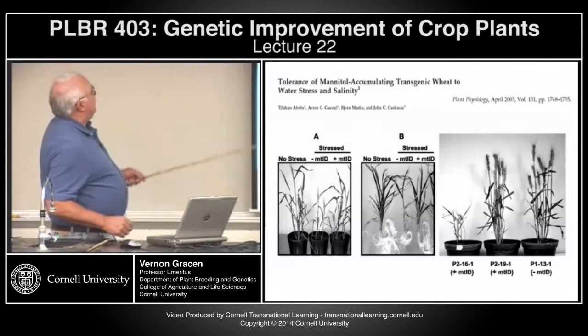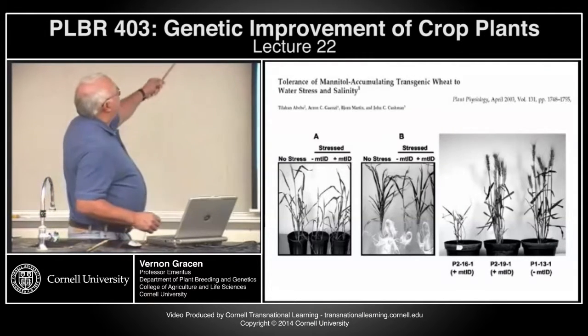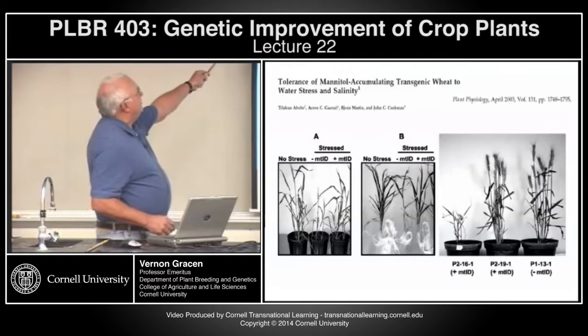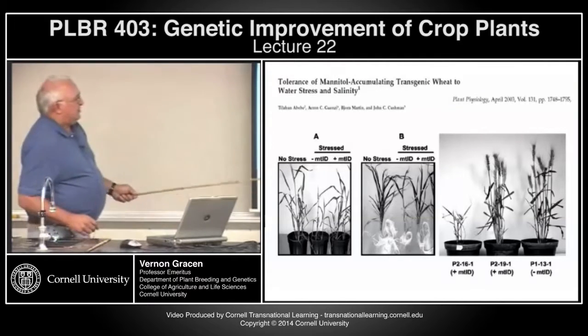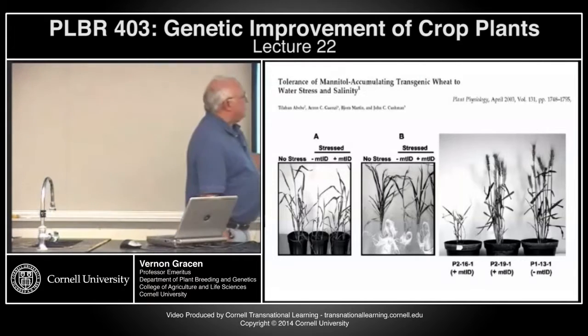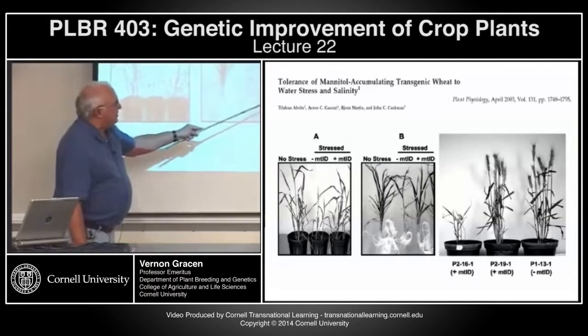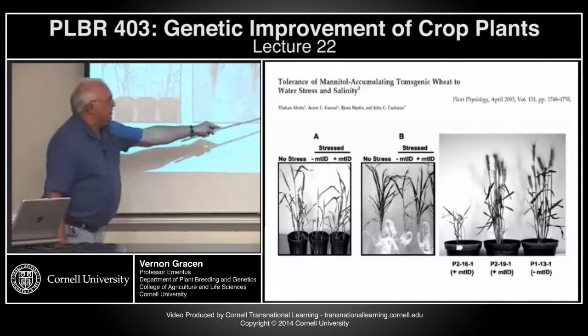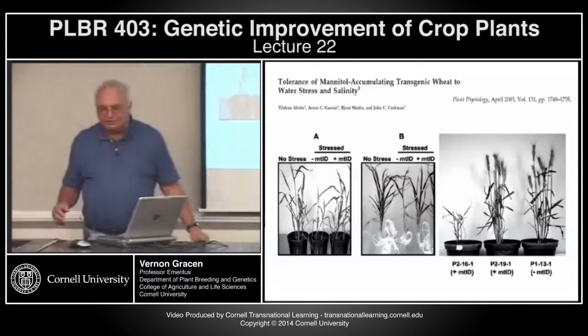This is a wheat variety that basically has a gene for accumulation of mannitol, which provides protection, the sensitive, the tolerant, and the non-stress control.